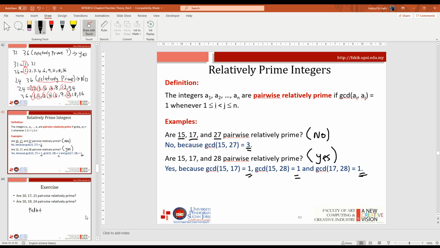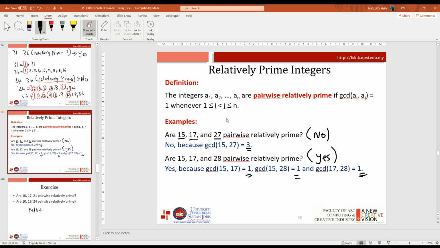Okay, same goes to 15, 17, and 27 pairwise relatively prime. If GCD(ai, aj) is equivalent to 1, whenever 1 is less than i, less than j.